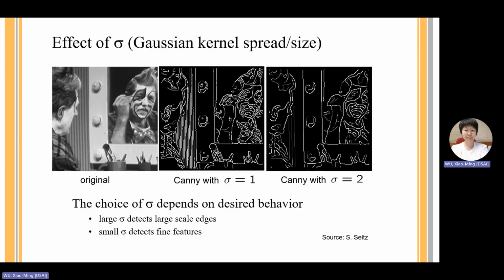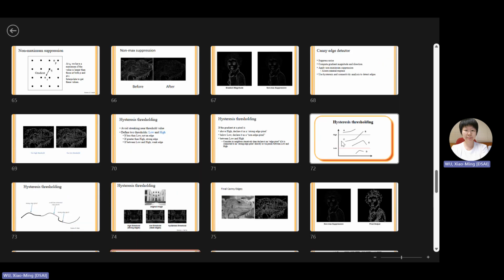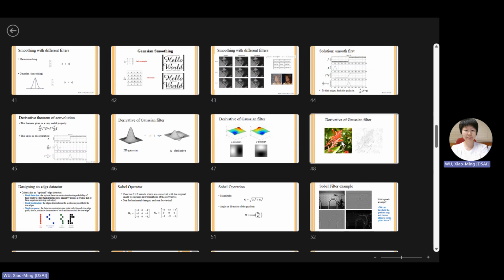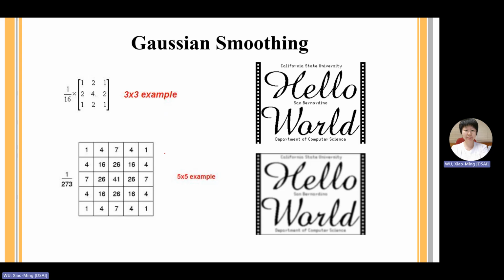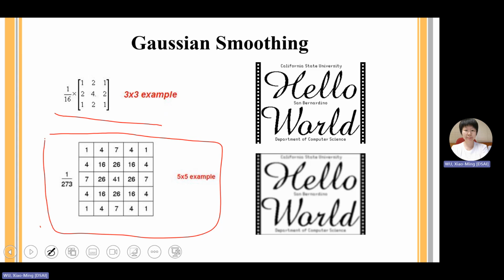The Gaussian kernel depends on the kernel size. The Gaussian kernel has different sizes, and we have seen some examples of Gaussian kernels. So this is a 3x3 Gaussian kernel, and this is a 5x5.